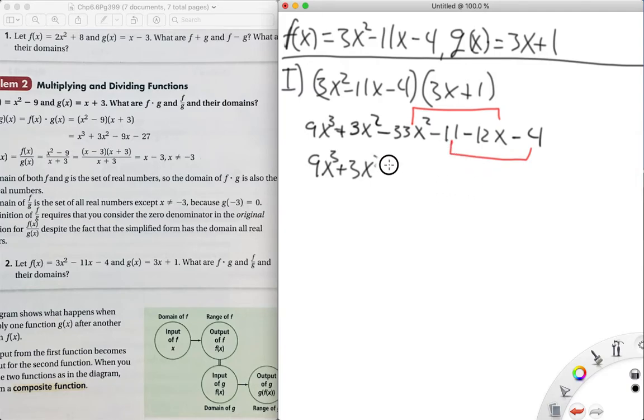Reset. 9x cubed, 3x squared. Oh, this is x. 11x, my brain's not working today. Negative 11x and negative 12x, and negative 4.